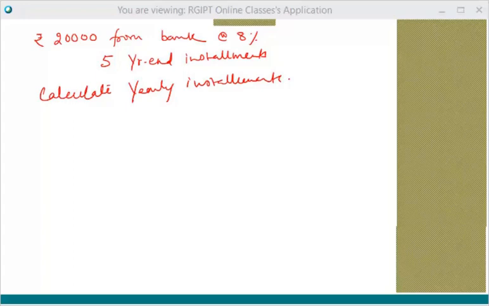Work it out. And of course the first payment is due 1 year from the day money is borrowed.